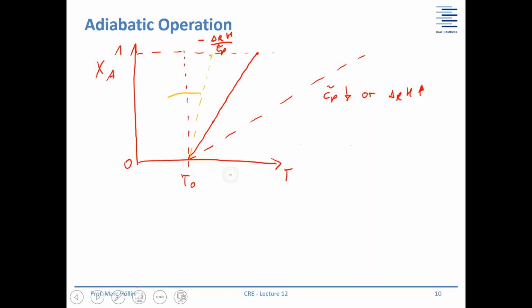If you have something like this, then your Cp tilde would be high, or your reaction enthalpy would be low. So this would result in a curve like this. Okay, so if you have adiabatic operation, this means depending on your conversion, your temperature would behave like this.